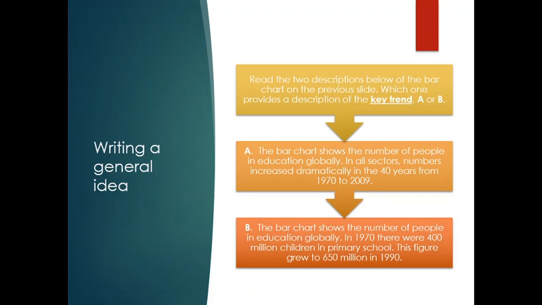In all sectors, numbers increased dramatically in the 40 years from 1970 to 2009. Now, the second one: the bar chart shows the number of people in education globally. In 1970, there were 400 million children in primary school. This figure grew to 650 million in 1990.